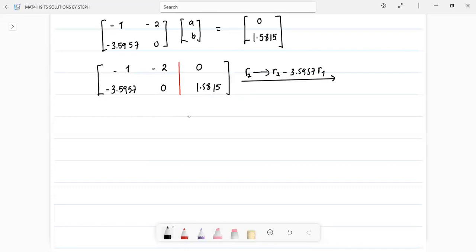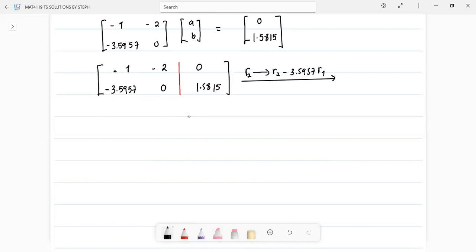Just divide the value you need to eliminate by the row element you're using to eliminate it. Since the pivot is row 1, we are going to use row 1 to change row 2. If the signs are the same, you need to always have a negative here, and if the signs are different between these two numbers, you need to have a plus there. So you can check this.